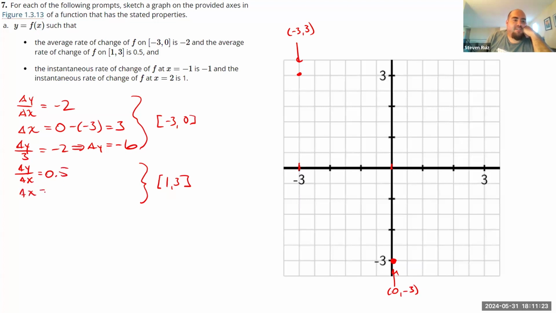My change in x total is going to be 3 minus 1, which is 2, which means my delta y over 2 is going to be 0.5, which means my delta y is going to be 1. So from 1 to 3, I want to increase by 1 unit.